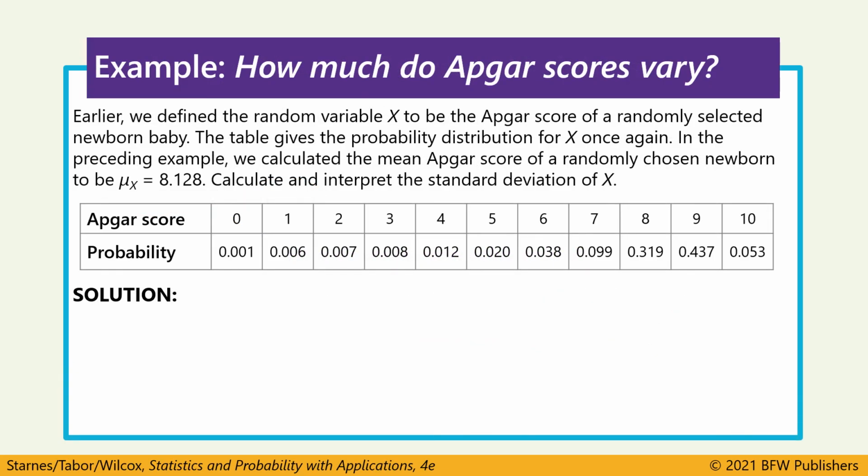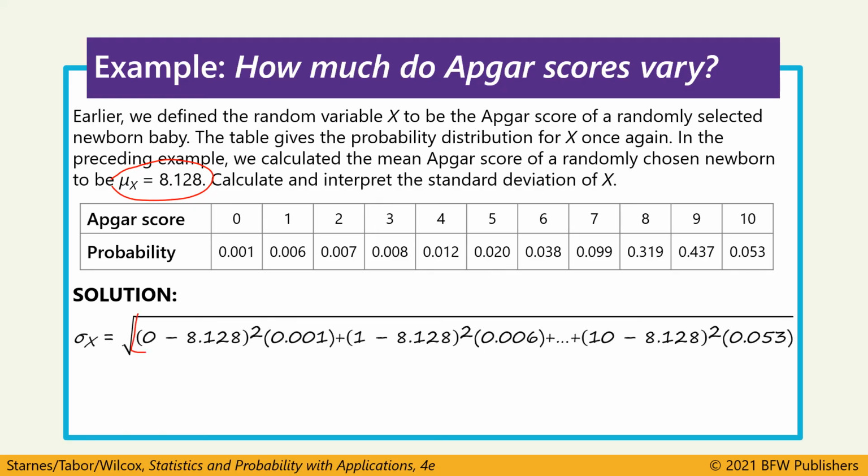Now, obviously, as the table gets larger, these get more and more complicated, but we go about it the same way. We found the mean on the previous slide as 8.128. So we take each value, we subtract the mean, we square it, and then we multiply it by that probability.